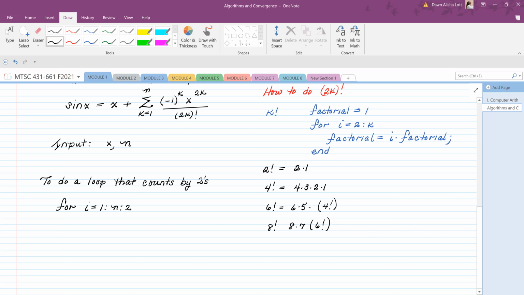So actually, that's not what I want, though. I still wanted to go 1 through n, but I wanted to do 2n factorial. So the first one, when i is 1, I'll do 2 factorial. When i is 2, I will do 4 factorial. Okay, that's exactly right.